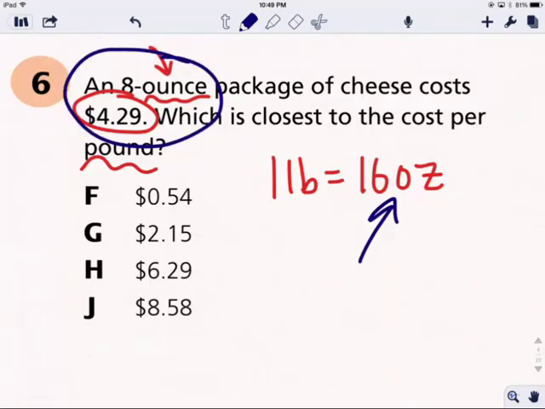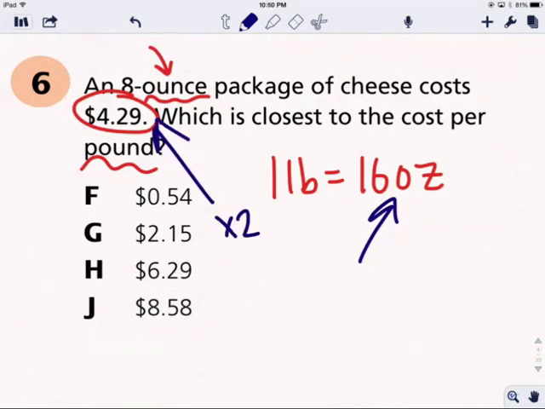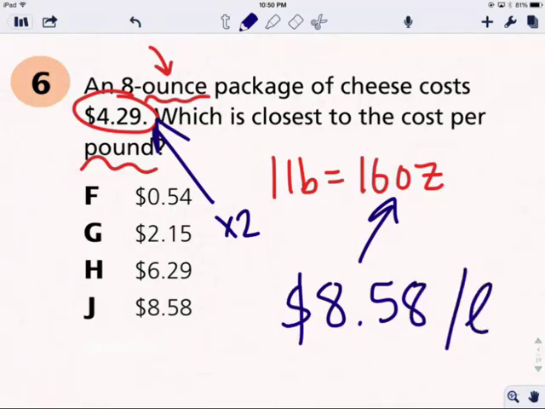So, using the concept of proportionality, all you need to do is multiply that number by 2 in order to get the price per pound. 429 times 2 is going to be 858. Okay, that many dollars per pound. And voila, the answer choice is J.